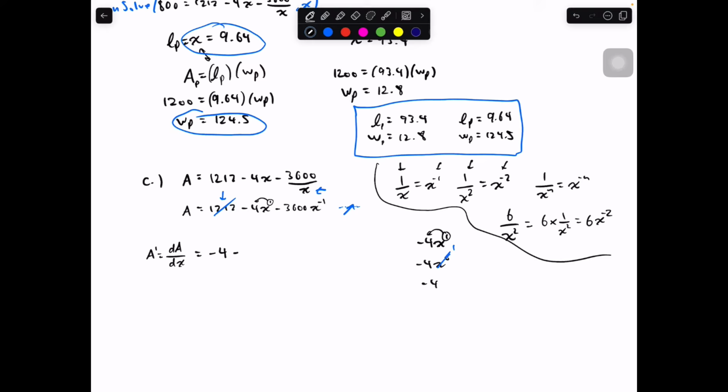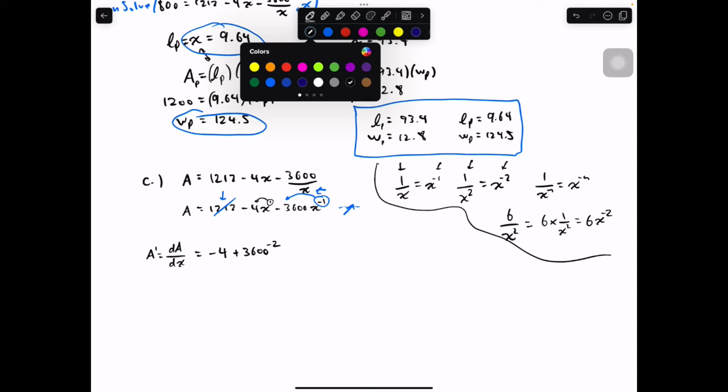And then we have this value, which will be the most challenging, this third term. Negative 1, multiply out in front. Negative times a negative leads to a positive. So we're now at positive 3600. It was x to the negative 1, and now it's going to be x to the negative 2. So remember, in your formula booklet, we have the derivative, which is given by, I'll write it out here.